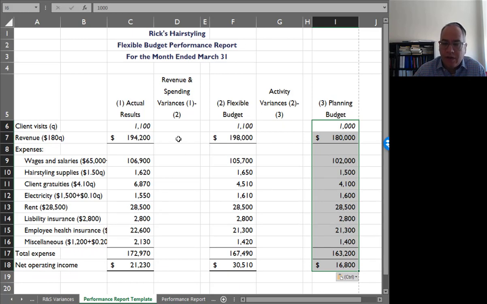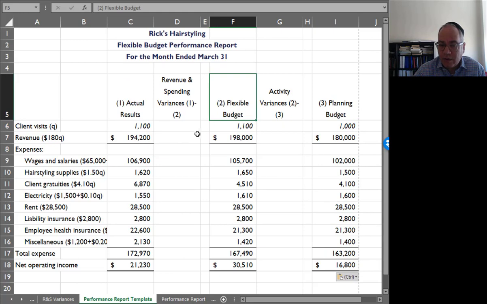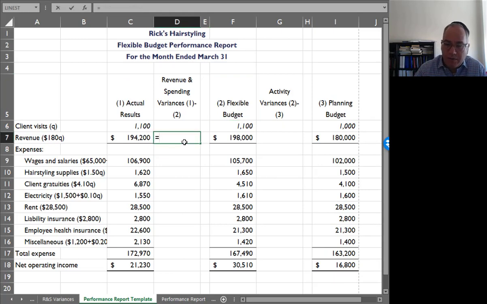So I'm going to have my revenue and spending variances, remember, is between the actual results and the flexible budget. So for revenue, that would be 198 minus 194,200, and that was unfavorable because the actual was lower than the flexible budget. For wages and salaries, actual wages and salaries were higher by 1,200, so that was unfavorable.